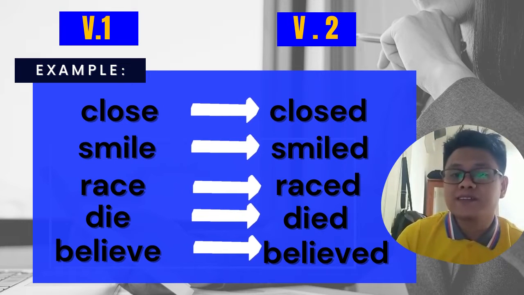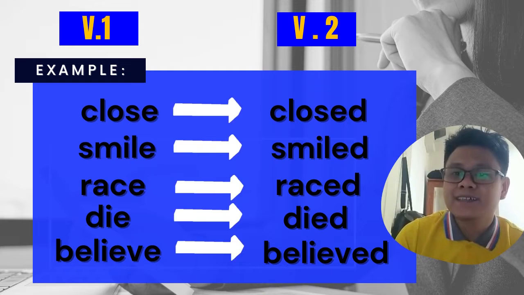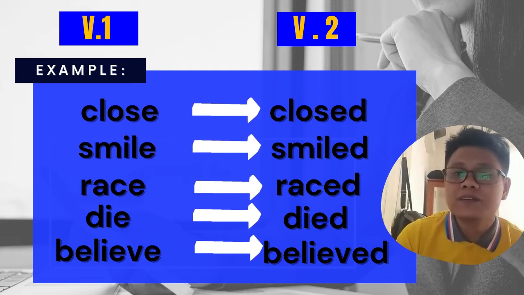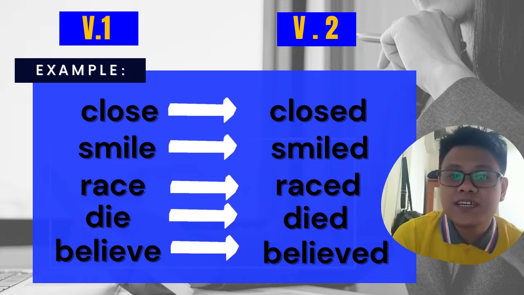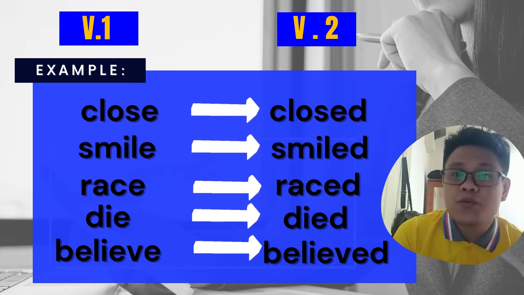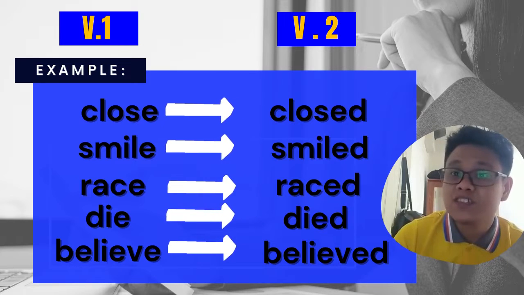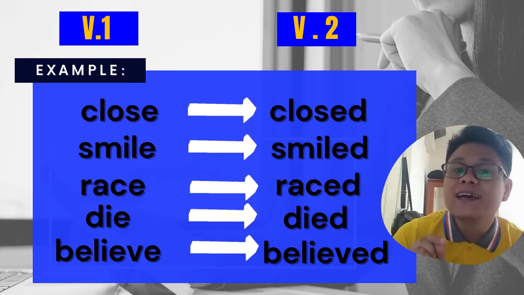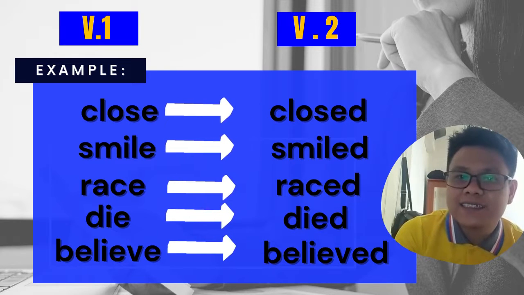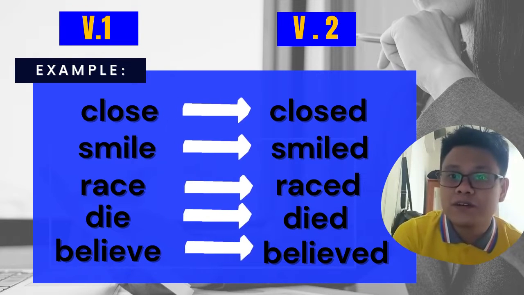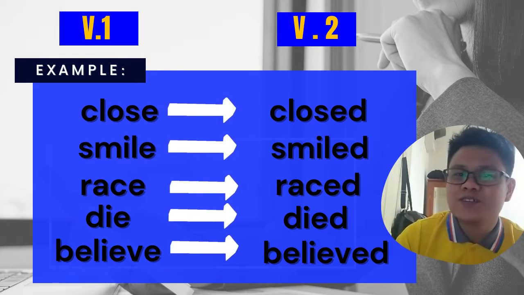Race, raced. Die, died. Believe, believed. As you can see, the words end with letter E. So rule number 2 is just to add letter D at the end of the word. I hope that you follow the rule.